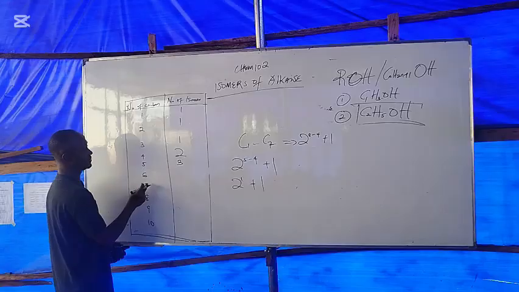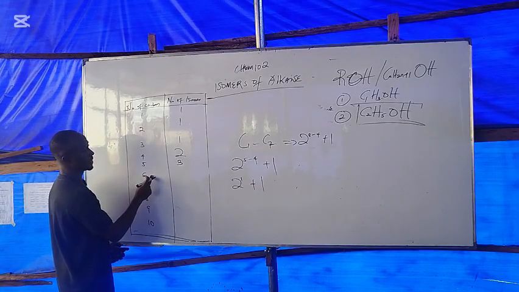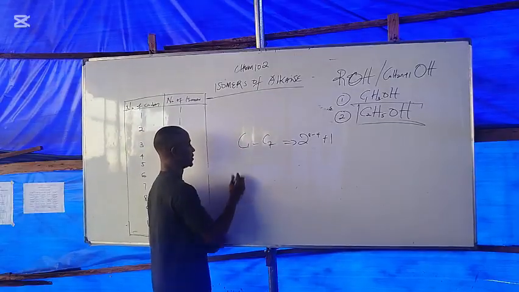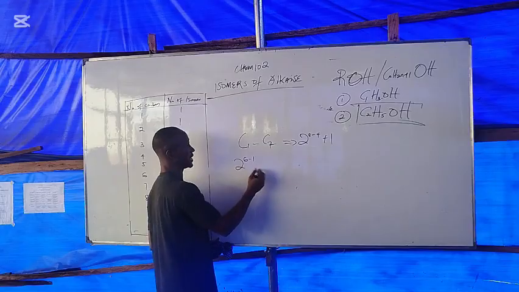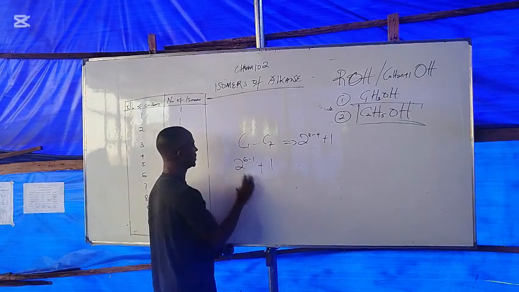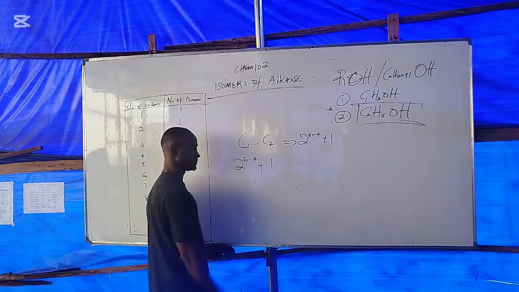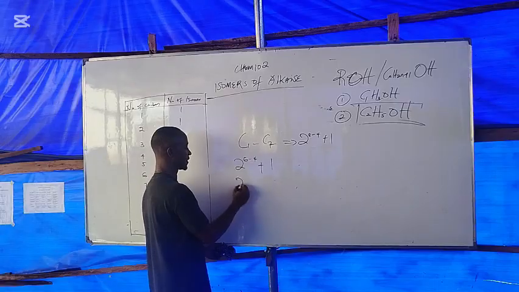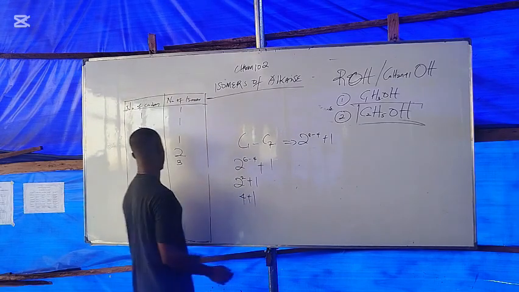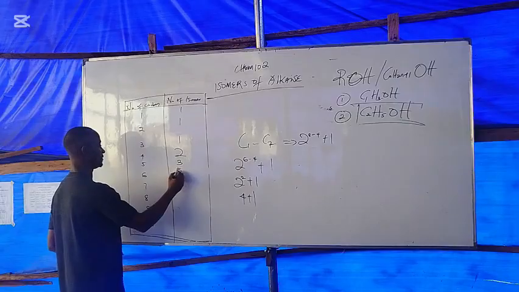For carbon 6: 2 raised to 6 minus 4 plus 1, that gives 2 raised to 2 plus 1. 2 raised to 2 is 4, plus 1 is 5.